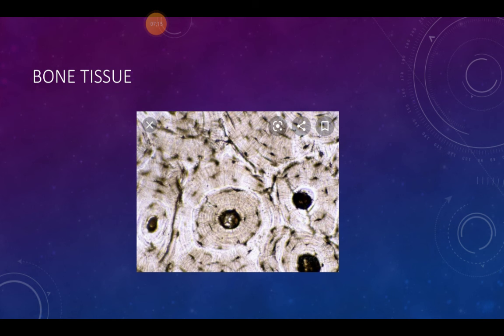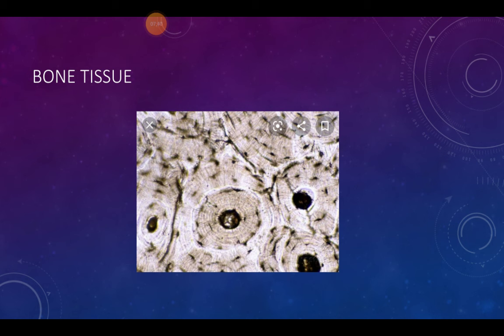Bone tissue. Bone is the main supportive tissue in animals with a backbone. It is a very strong, porous, and non-flexible structure. It is made up of bone cells or osteoblasts. The bone cells occupy very small spaces.